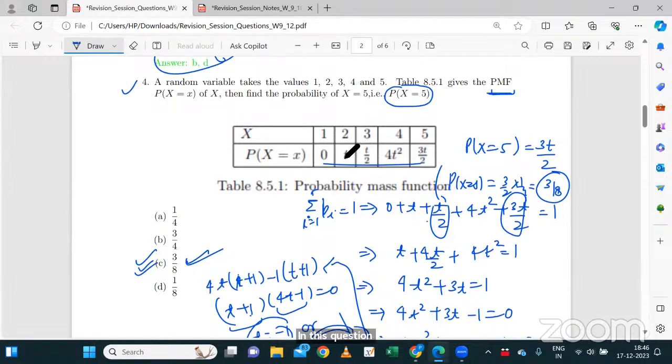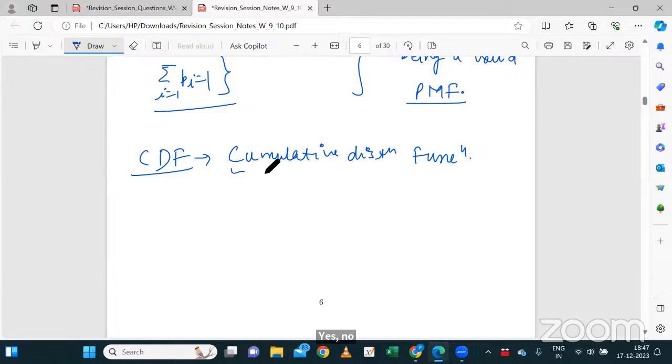Yes, no. Okay, so tell me what do you mean by cumulative distribution, by the name or something, any idea? I'm audible, right? Yes, sir.